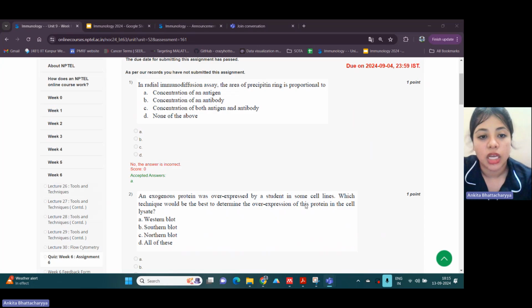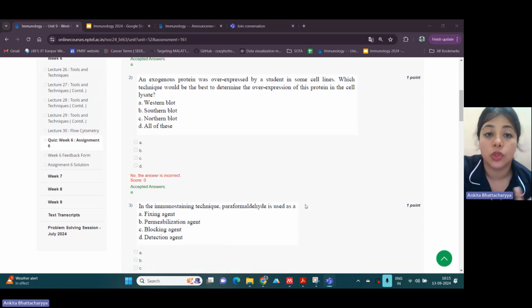Secondly, we were asked that an exogenous protein was overexpressed by a student in some cell lines. Which technique would be best to determine the overexpression of this protein in the cell lysate? It's a very obvious answer. I think it was something I discussed in the discussion session as well.